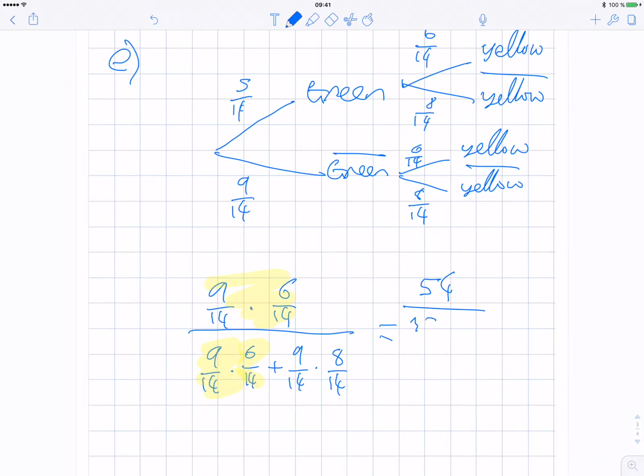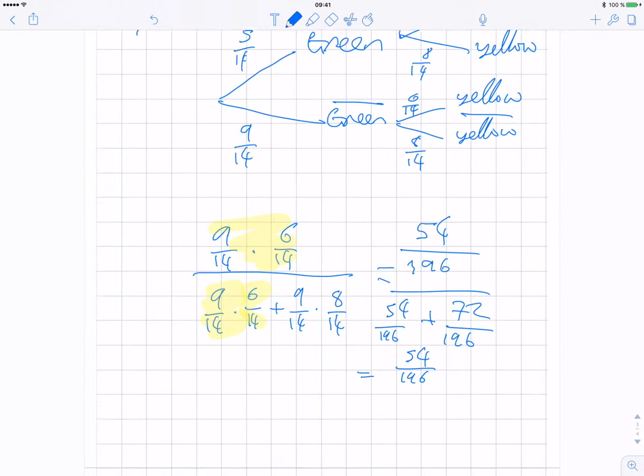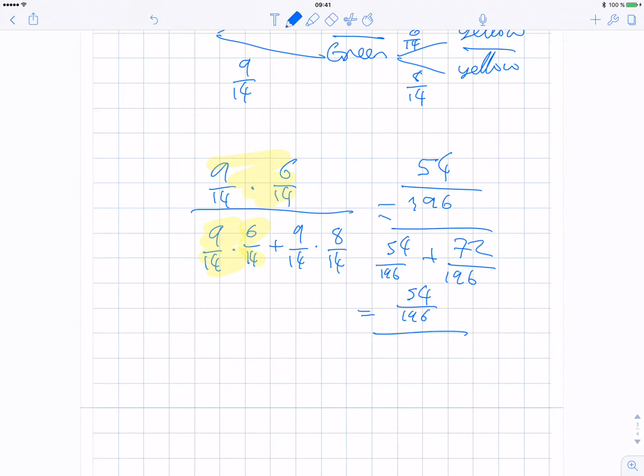54 over 196. So 54 over 196 divided by 126 over 196 is 3 over 7.